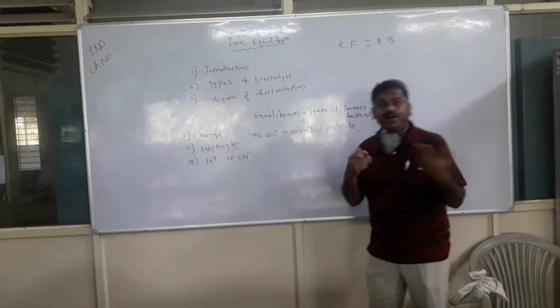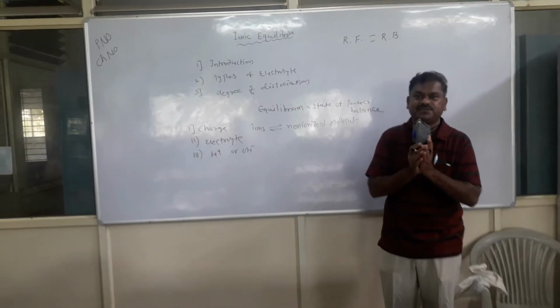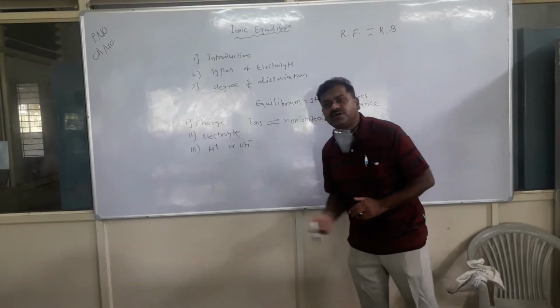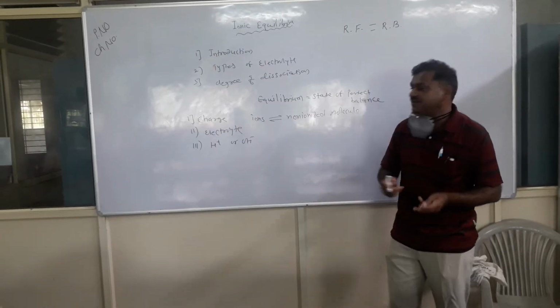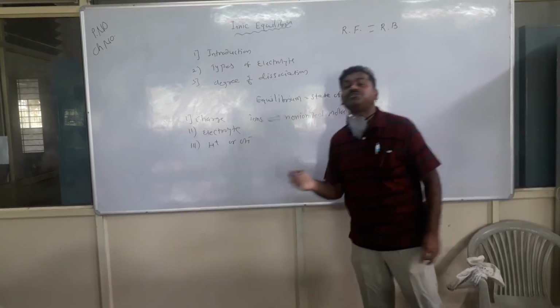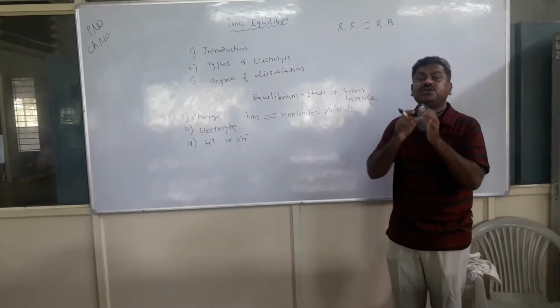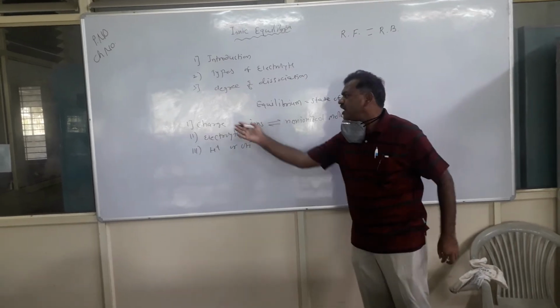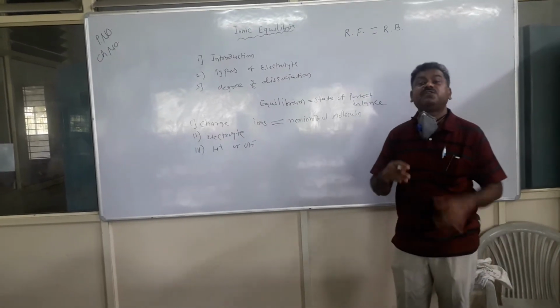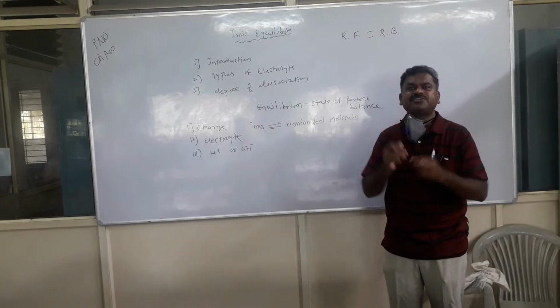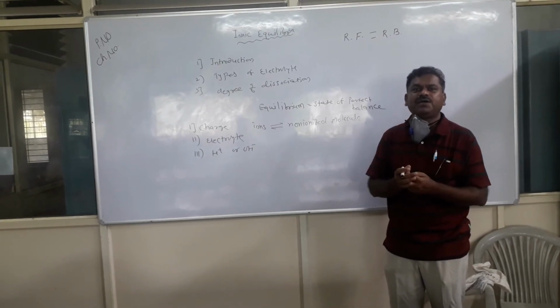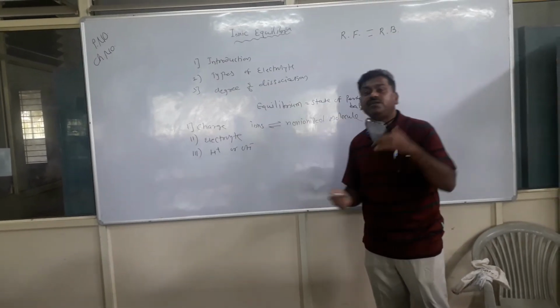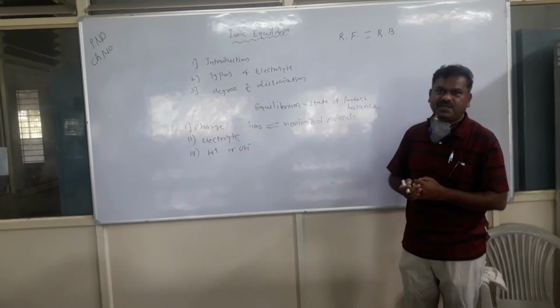Secondly, what is meant by the electrolyte? Then third, how to explain the H plus and OH minus ions in a weak electrolyte. Now one by one: charge, that is negative or positive. That is a reaction which involves positive and negative ions.